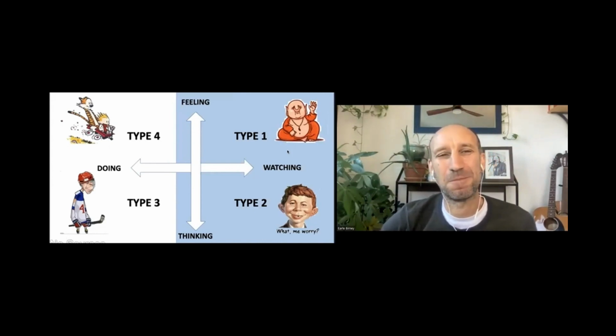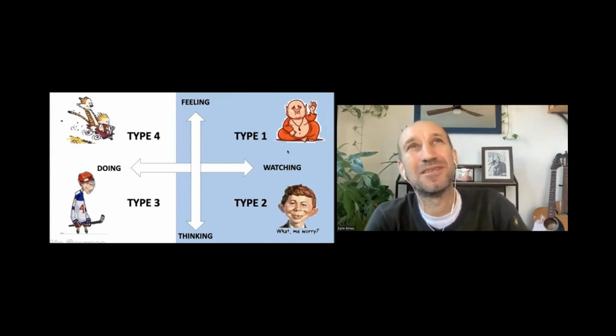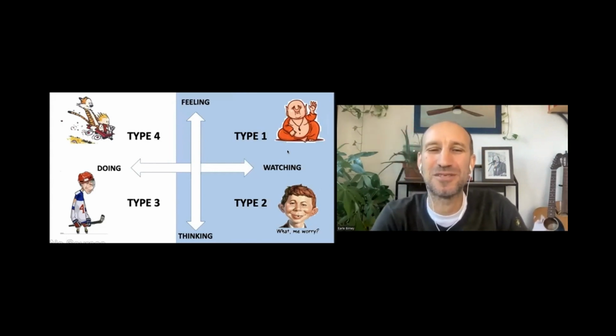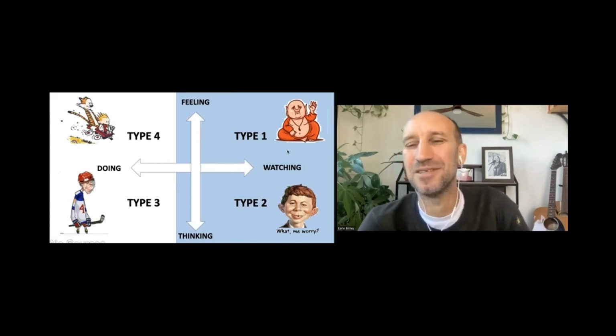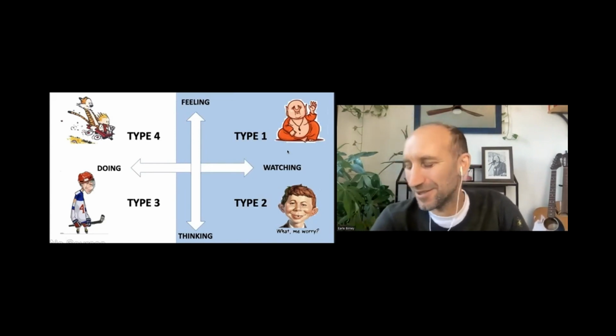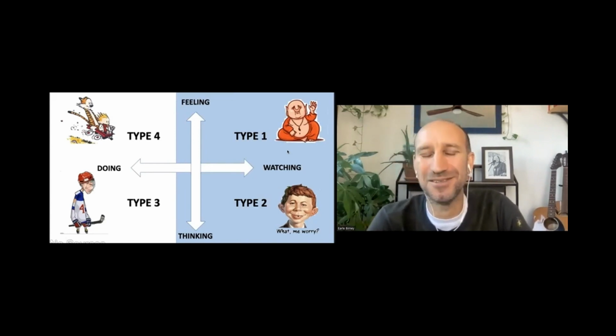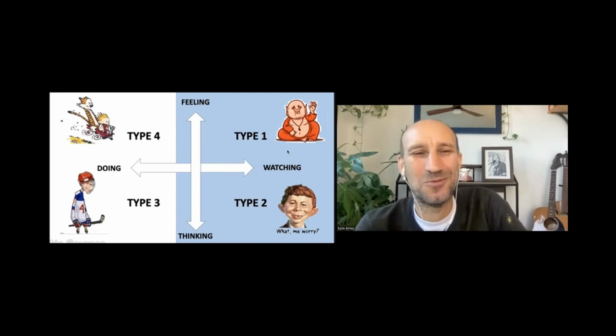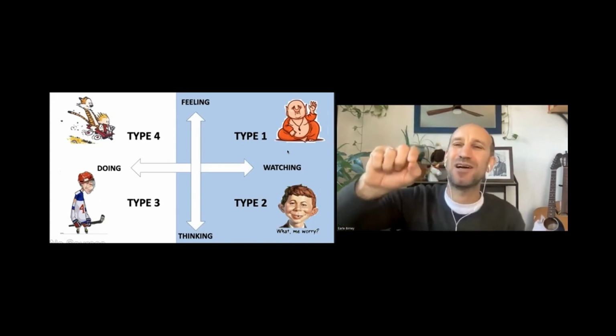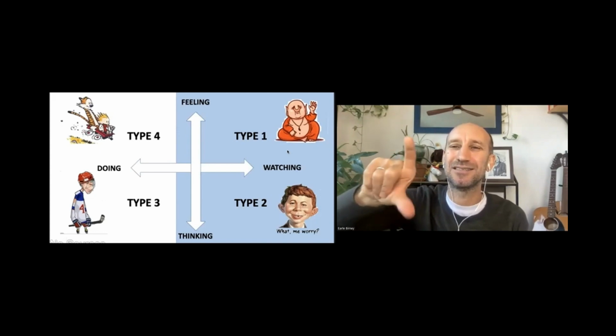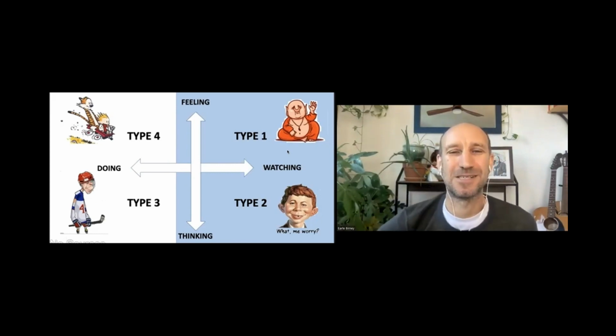I'm going to try to give time for the translators to translate what's on the slide as we go, so again, I'm going to just go slow, hopefully. When we talk about that vertical axis, the feeling, thinking axis, what does that refer to?